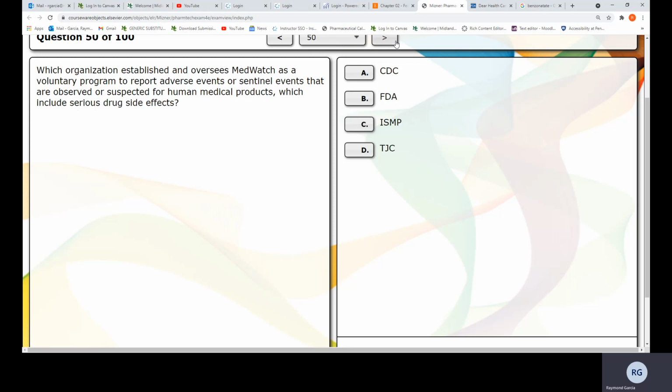Which organization established and oversees MedWatch, a voluntary program to report adverse events or sentinel events that are observed or suspected for human medical products, which include serious drug side effects?